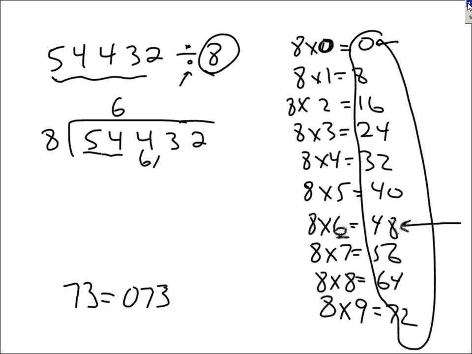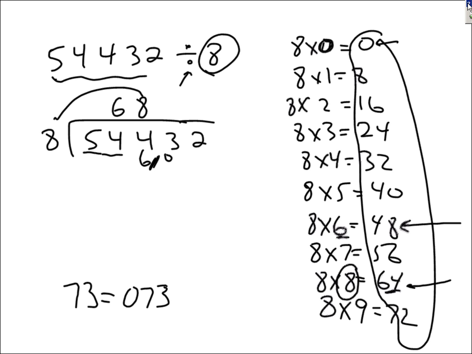The largest number on our list that does not go beyond 64 is 64 itself. 8 times 8 is 64. So we put an 8 up here. You take that away from 64, the remainder is 0. You want to write the 0 down, write it down. You don't want to write it down, don't write it down.